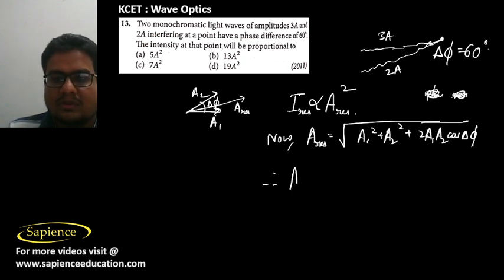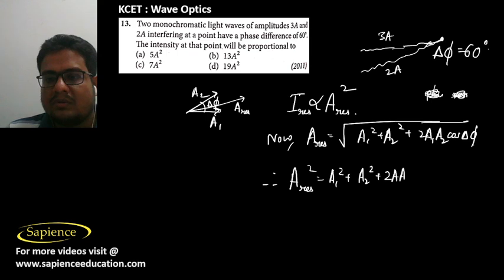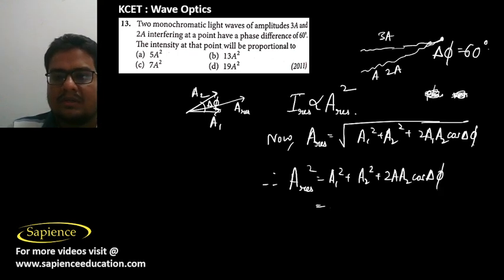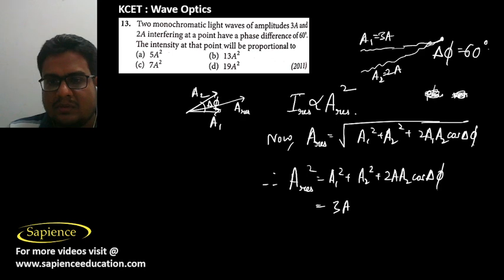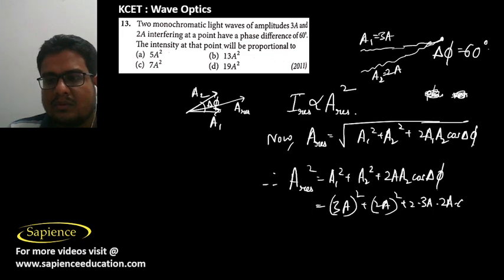Therefore the square of the resultant amplitude will be equal to A1 square plus A2 square plus 2A1 A2 cos delta phi. Here A1 is 3a, A2 is 2a. So I can write (3a) whole square plus (2a) whole square plus 2 into 3a into 2a into cos 60 degree.